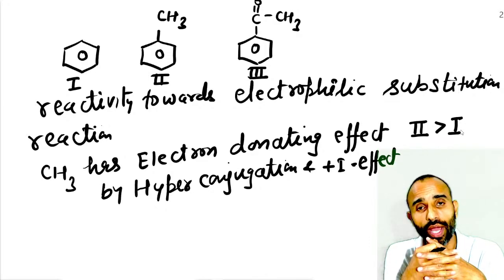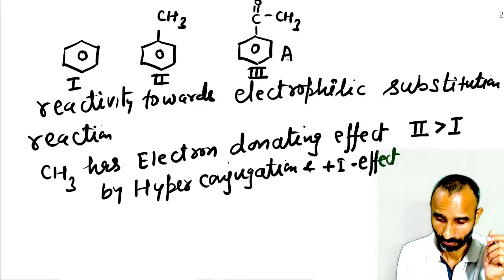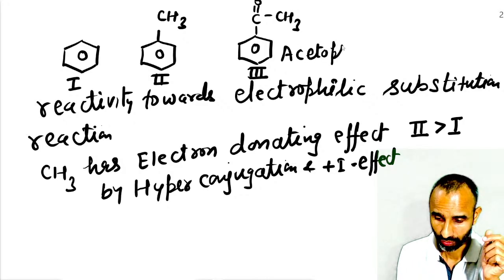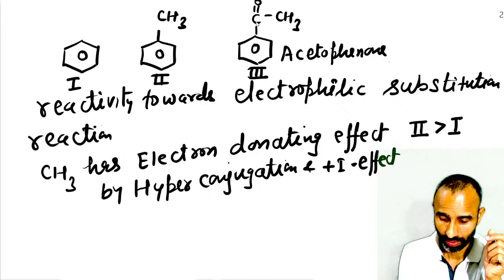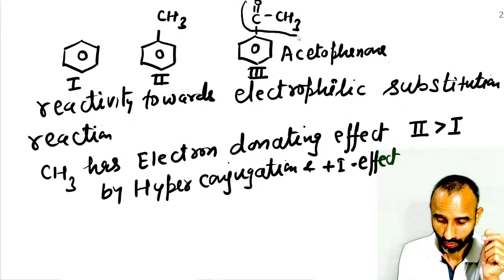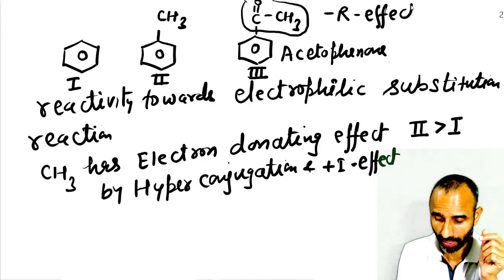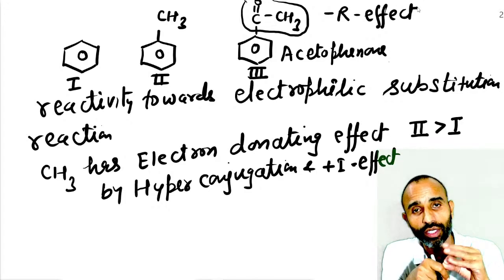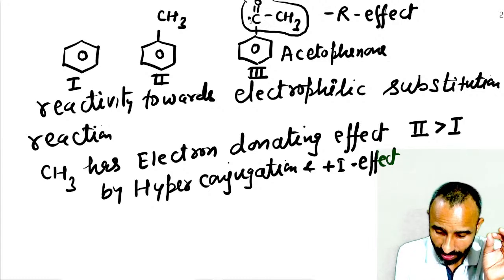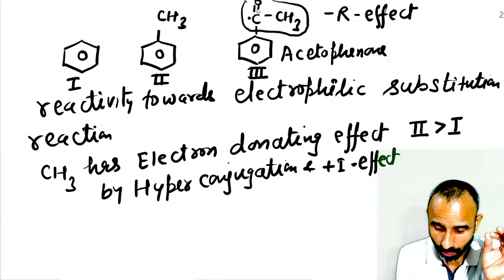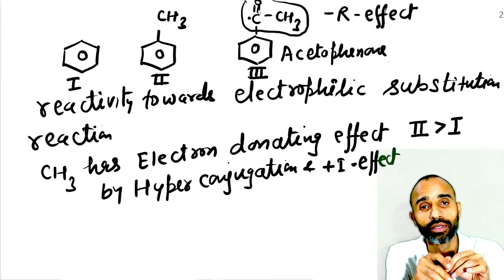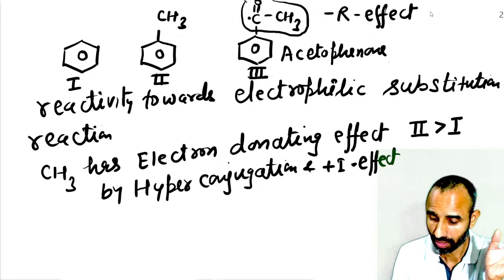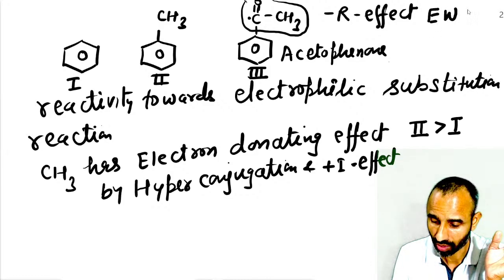Now come to acetophenone. In acetophenone, it has a minus R effect. Always keep in mind that any group in which the atom directly attached to the ring has a pi bond will show a minus R effect, meaning it has an electron withdrawing effect. It is an electron withdrawing group.